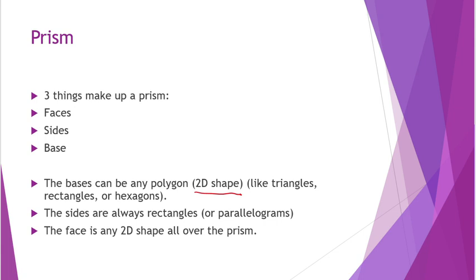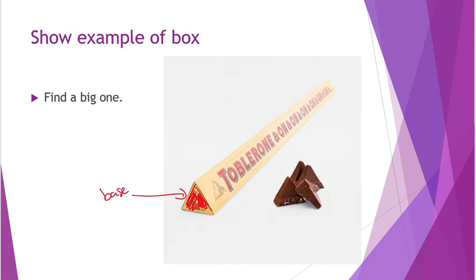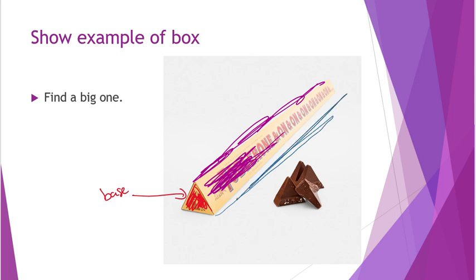Basically, this prism is made up of many faces, so any 2D shape all around. That could include this section, this purple section, and if you look at it from a different perspective, it'll cover this side as well, and the bottom too. So that's what a face is.